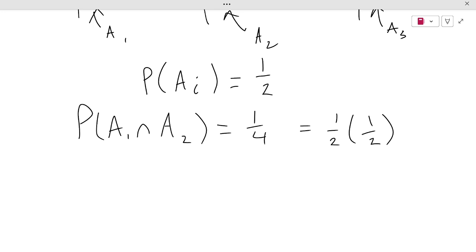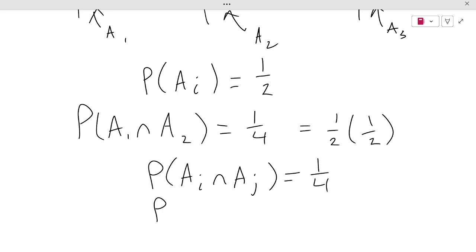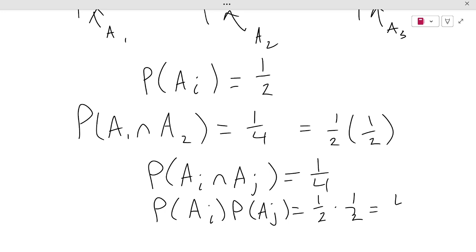Because if you take any two arbitrary events, so Ai and then some Aj, intersect them, we're going to get 1/4 as the probability. And then since each of them is 1/2, the probability of Ai times the probability of Aj, since they're both equal to 1/2, 1/2 times 1/2 is equal to 1/4, so they are independent.